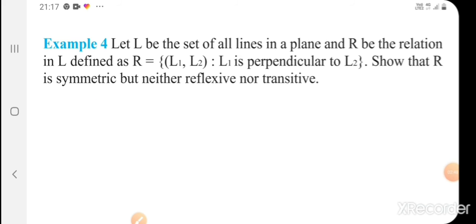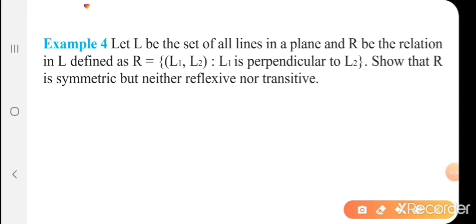Next, example 4. Let L be the set of all lines in the plane and R is a relation in L, where L means all the lines. Define R as (L1, L2) if L1 is perpendicular to L2.